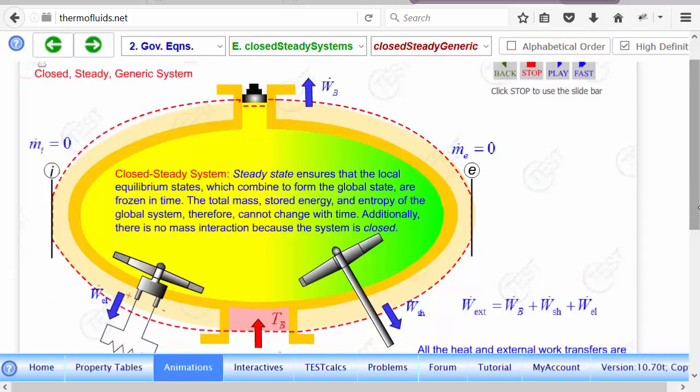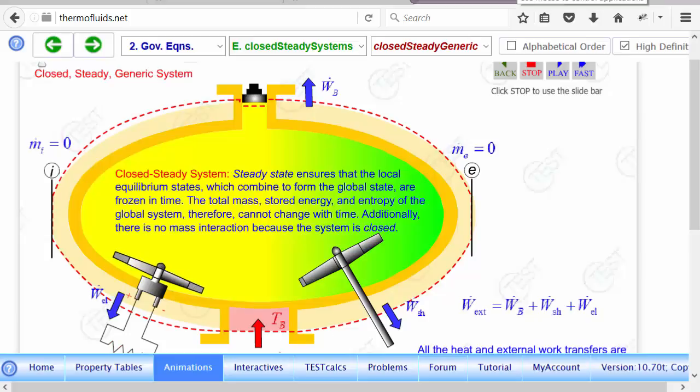As you can see, it's a closed system. There is no mass going in. Inlet I and E are blocked. And the system is steady, as we discussed earlier. That's because the picture of the system is not changing with time.